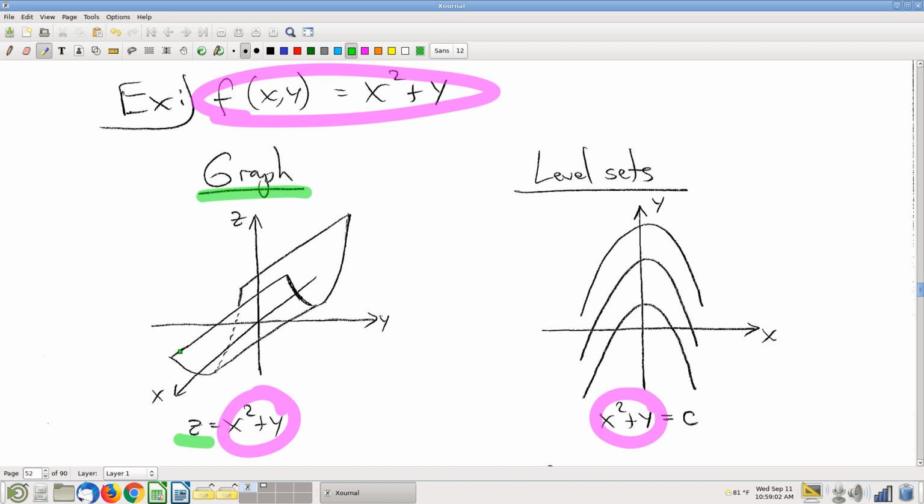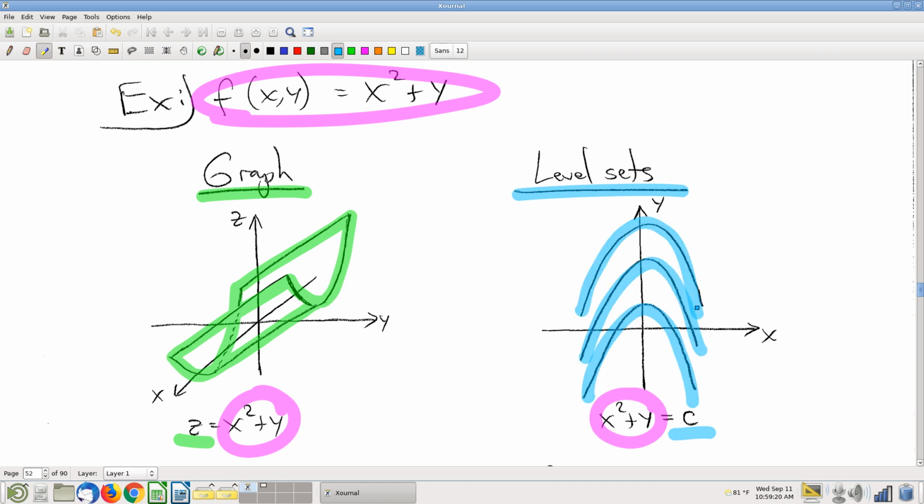But the graph is going to be kind of a tilted trough sort of a thing. The level sets, on the other hand, set equal to a constant instead. Well, those are just parabolas. Different values of c give you different parabolas, but much easier to draw. Right? Two-dimensional picture instead of a three-dimensional picture.